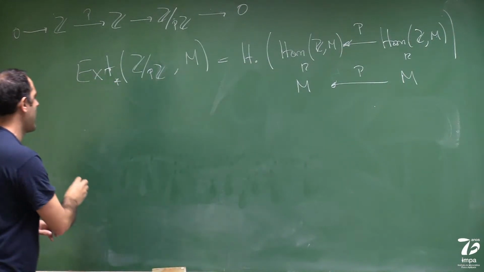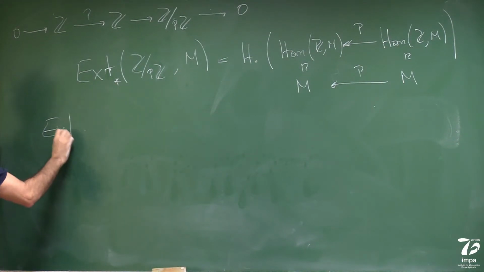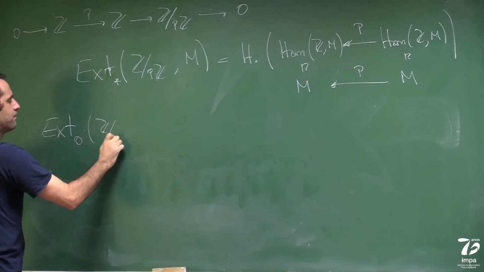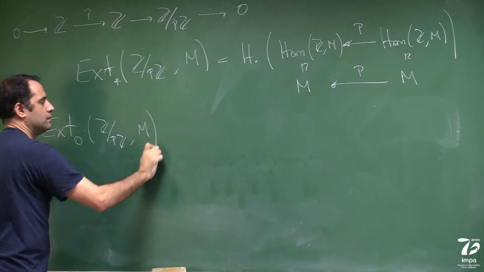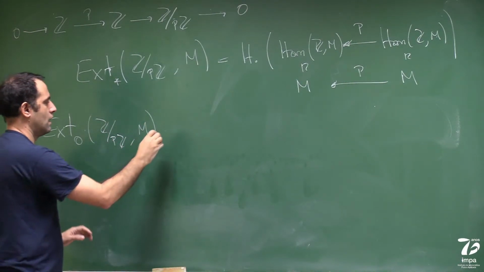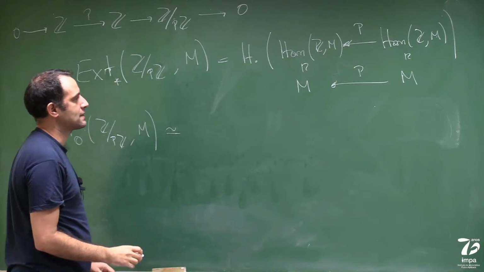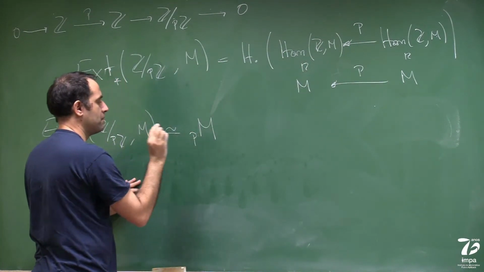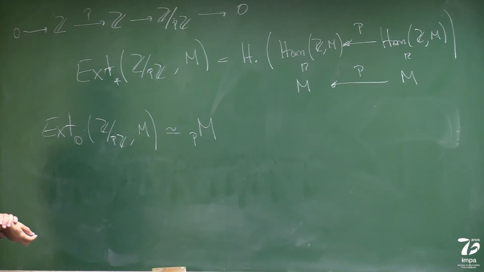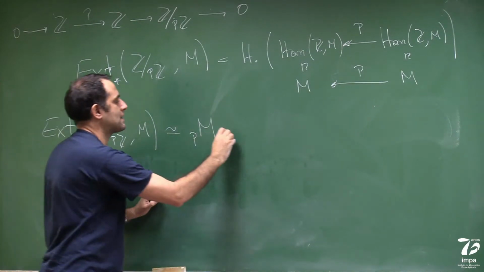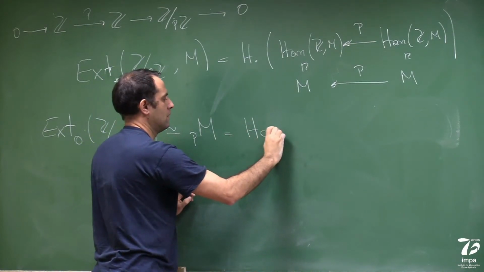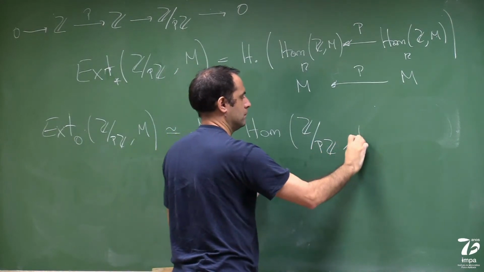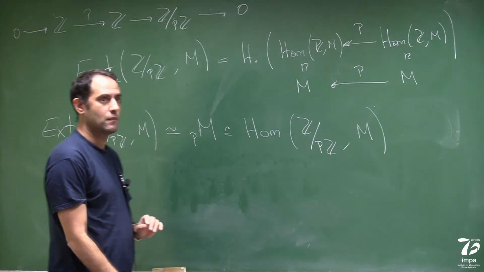So we see that Ext^0(Z/pZ, M), as we expect it to be, is the same thing as the kernel of this map, which we defined to be the p-torsion of M. And this, of course, is the same thing as Hom(Z/pZ, M), as it had to be, right?